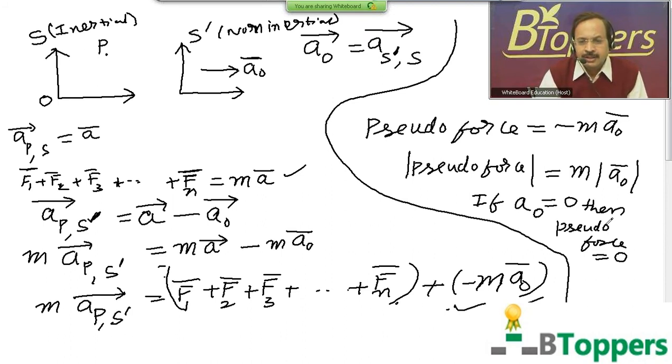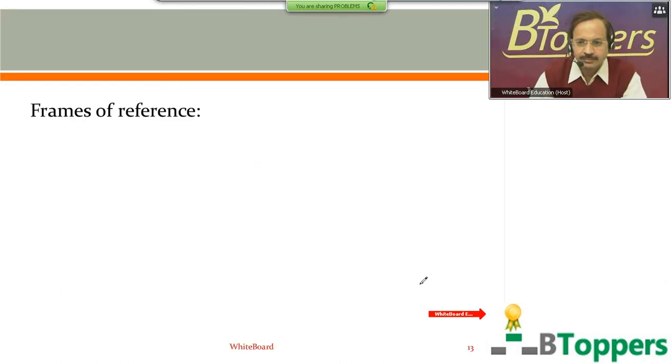Those students who are interested in writing the notes or copying the summary of the discussion can keep paper and pen, or notebook and pen, ready, and they can start writing the notes which I am going to show on the screen. Look at the screen here. I am going to show you the summary of the discussion about frames of reference.